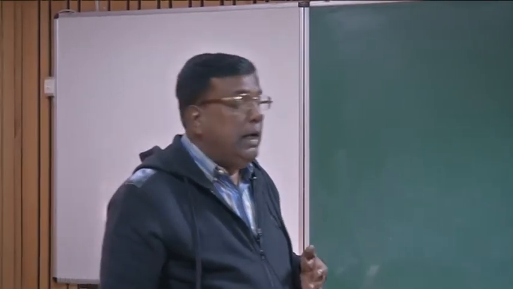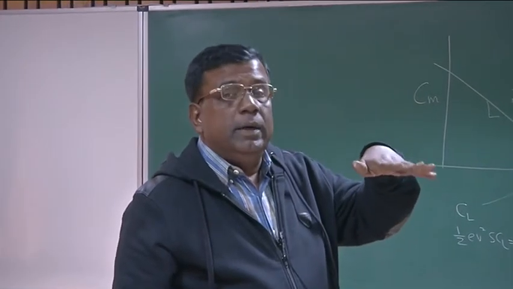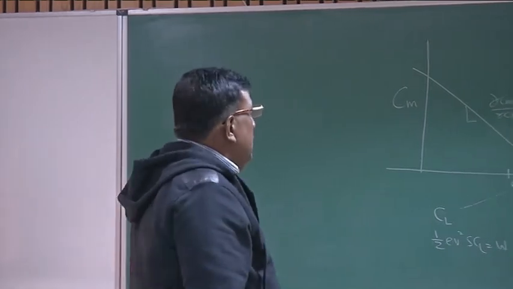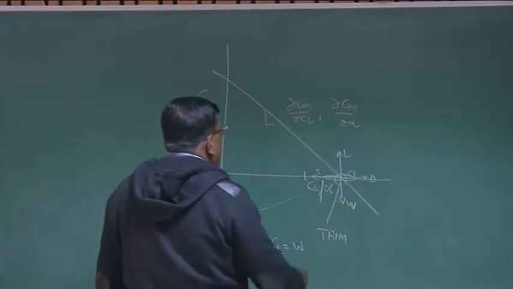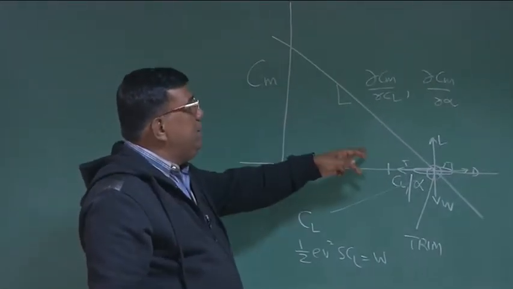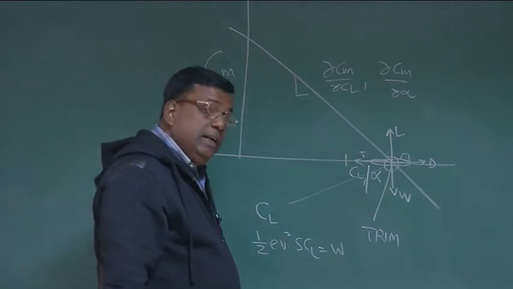That further means what is that CL I will be flying such that there is no pitching moment. It is Cm equal to 0. Okay, it's flying like this. And this is one of the equilibrium states, and we have understood the slope is negative, dCm by dCl is negative, or dCm by d alpha is negative.